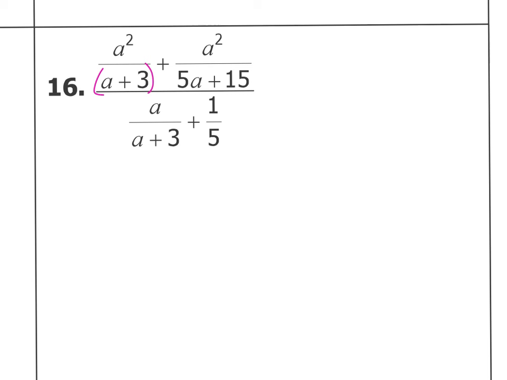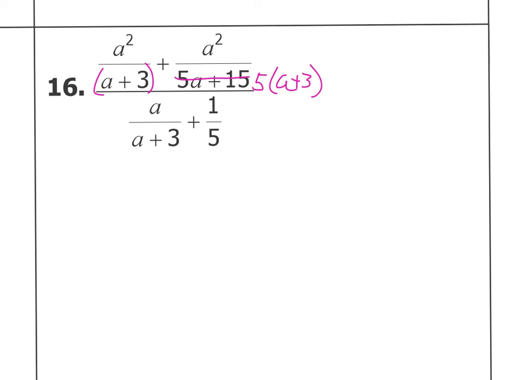However, this one here, they both have a 5 in common, right? So I'm going to rewrite this one so that I have a 5 times, if I divide each of these by 5, so 5a divided by 5 is an a. And then 15 divided by 5 is a positive 3. So that is the new factored denominator here.